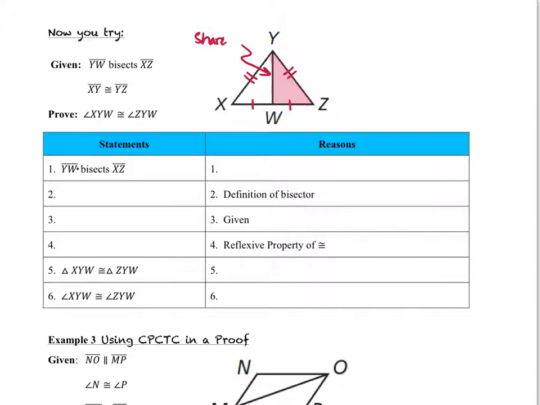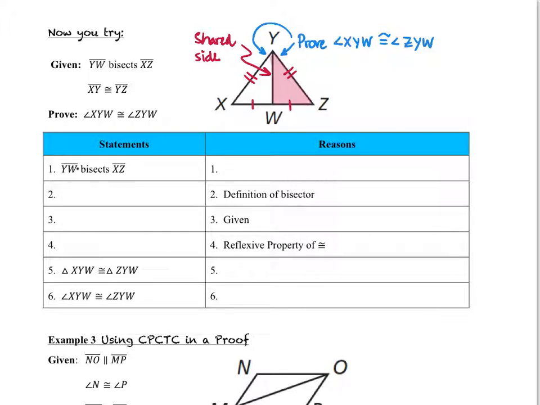So really, we have all 3 sides are congruent to all 3 sides on the other triangle. What do we want to prove? We want to prove that angle XYW is congruent to angle ZYW. So just a hint, our strategy is definitely going to be a side strategy.